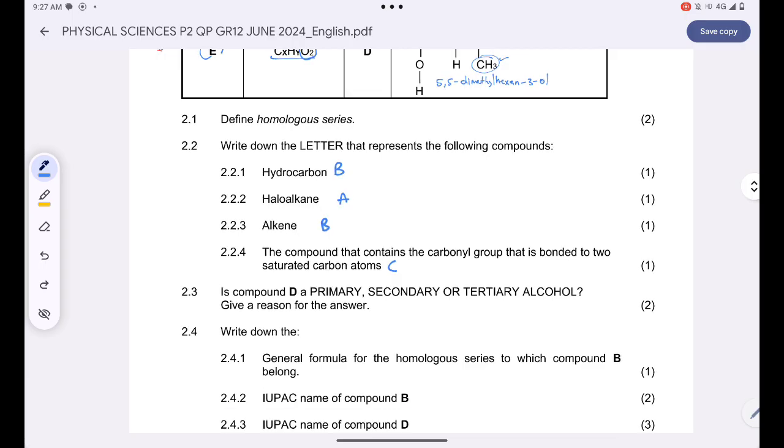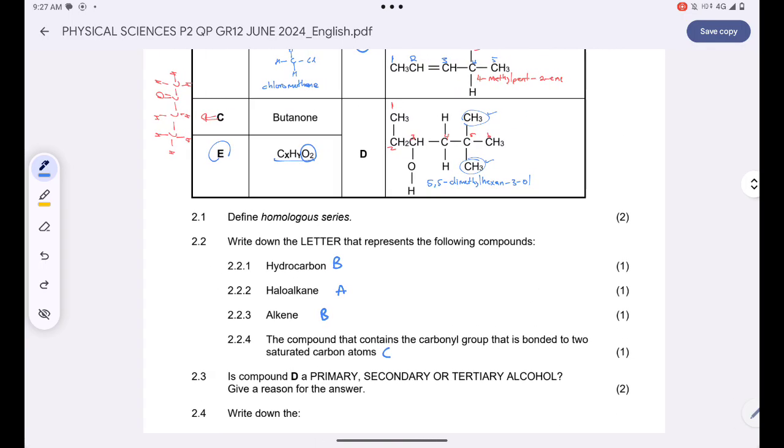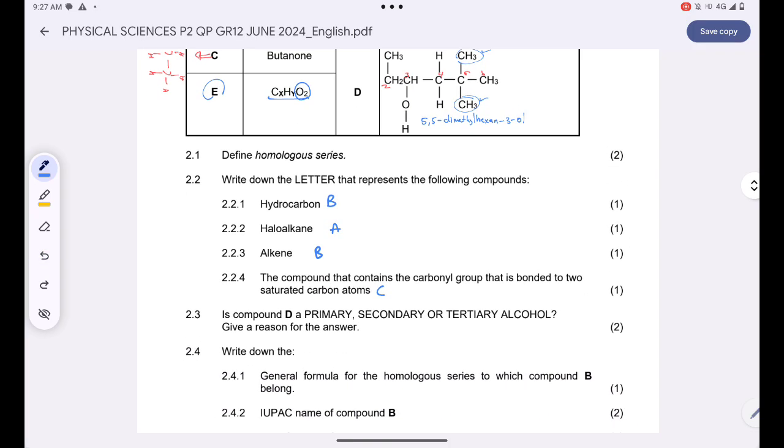Okay. Then 2.3, is compound D a primary, secondary, or tertiary alcohol? Give a reason. Compound D is a secondary alcohol. Why? Because the carbon that has the functional group of alcohols is bonded to 2 adjacent carbons. Are you together? If it was a primary alcohol, guys, the functional group would just be at the terminal carbon.